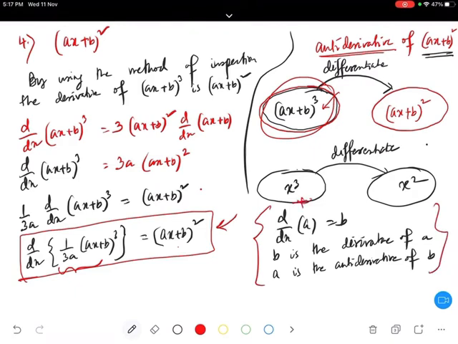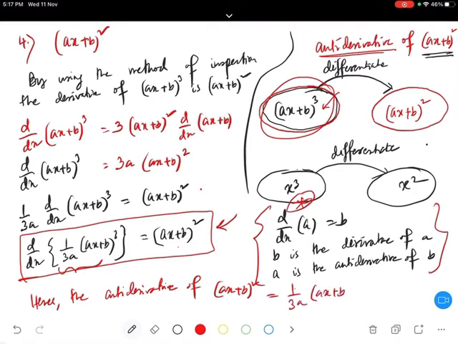So here, if 1 by 3a (ax plus b) whole cube is the derivative of (ax plus b) whole square, hence the antiderivative of (ax plus b) whole square is equal to 1 by 3a (ax plus b) whole cube. That's it. So this is how we find antiderivative.